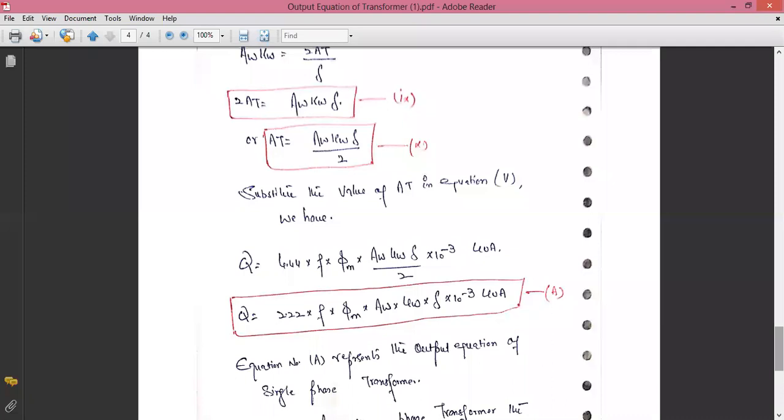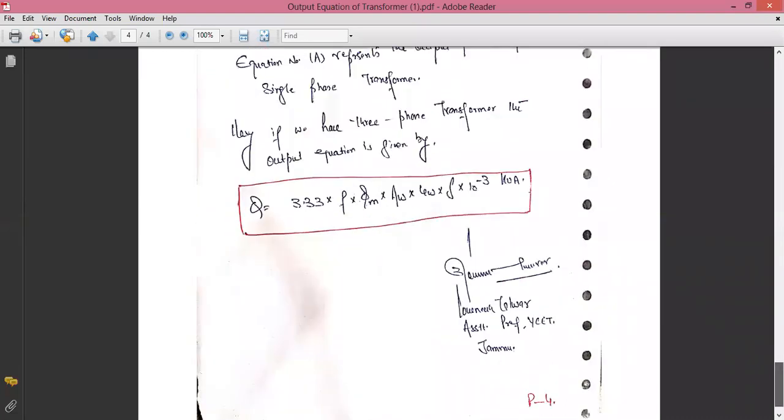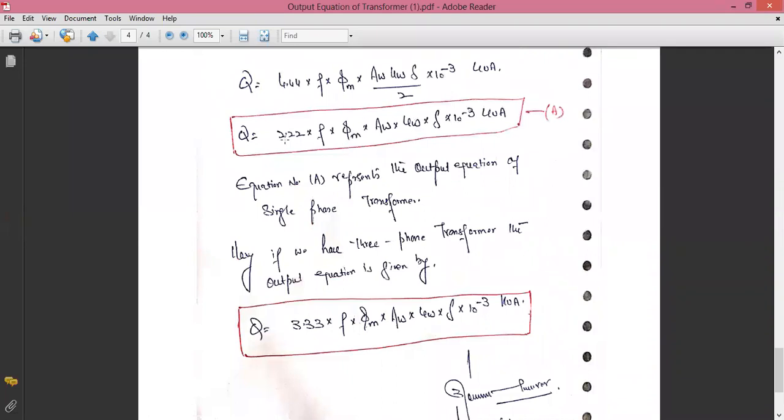If we have to derive it for a 3-phase transformer, similarly, the only thing you have to change is the value: in case of a single phase transformer the value is 2.22, and in case of a 3-phase transformer the value is 3.33.